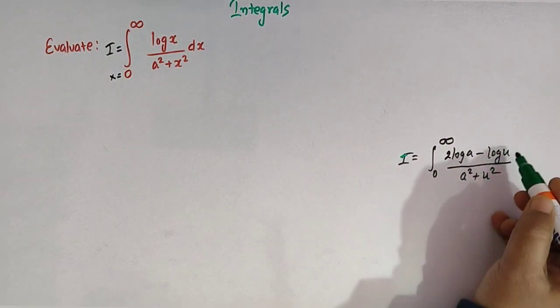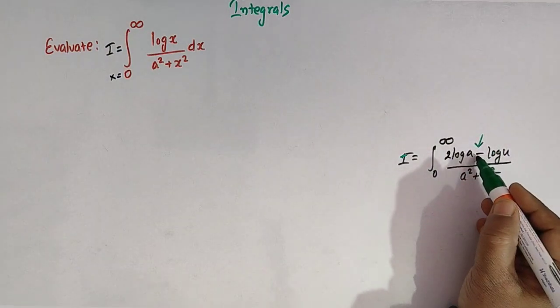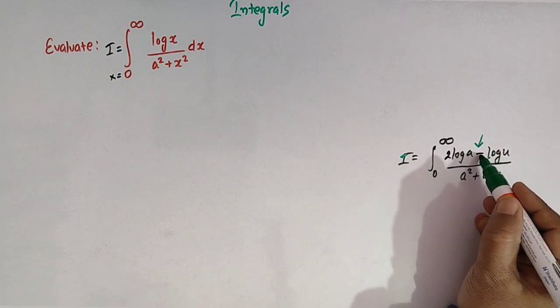Now we can write this integral as a sum of two integrals or a difference of two integrals, because here we have the negative sign.